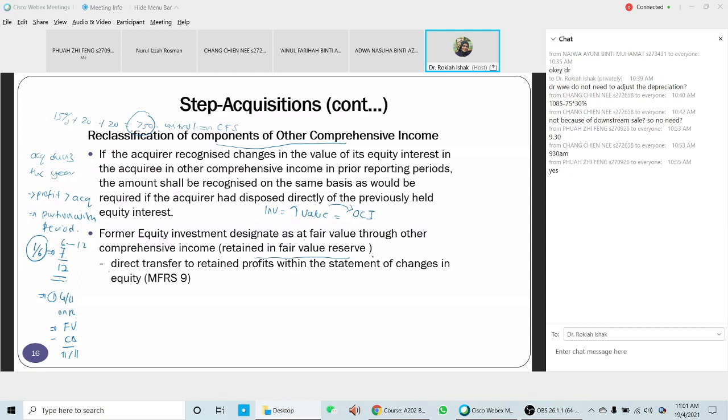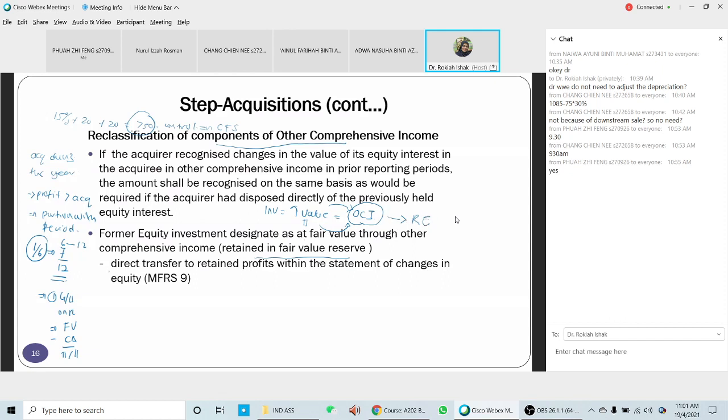This fair value reserve was under other comprehensive income. Okay, so once you have a step acquisition, the increase in value, which is the profit that you recognized under other comprehensive income, needs to be transferred to retained earnings. Okay. Later on, we have examples.